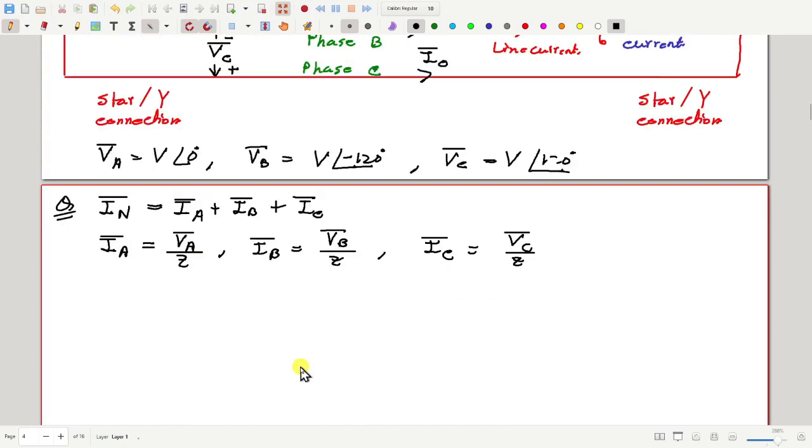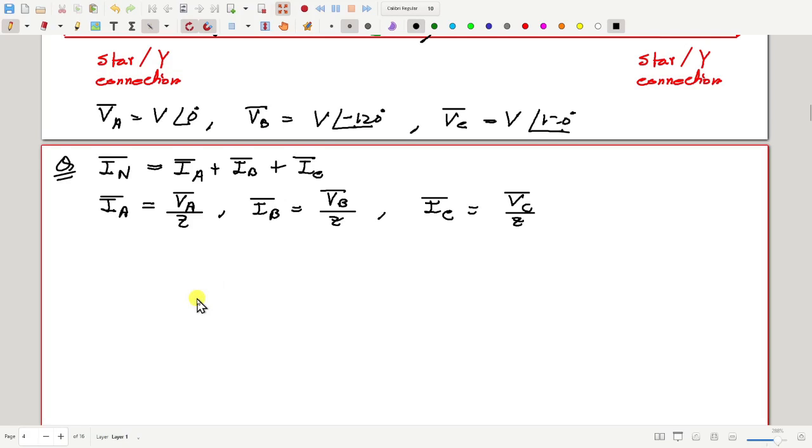Now if we draw a phasor diagram, suppose these are the three voltages, VA, VB and VC. Then how will the current IA be? IA may be somewhere here. That is VA by Z. If Z has an angle theta, then this angle will be theta.